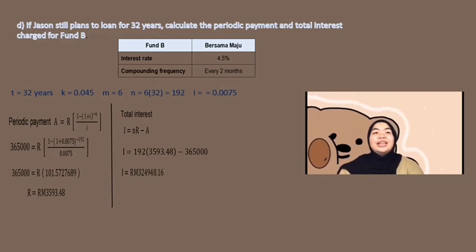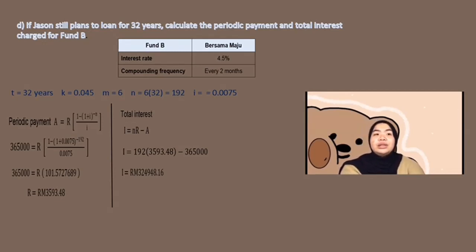Question B. If Jacyln still plans to loan for 32 years, calculate the periodic payment and the total interest charged for the fund. For this question, we need to use the formula A equals R bracket 1 minus (1 plus i) to the power of negative n, over i bracket.